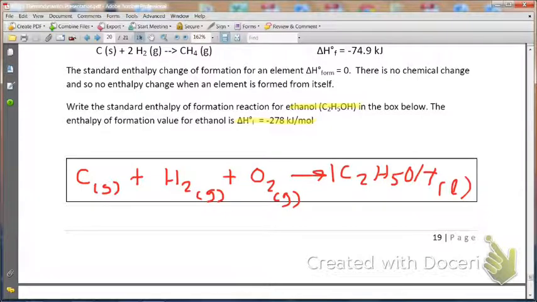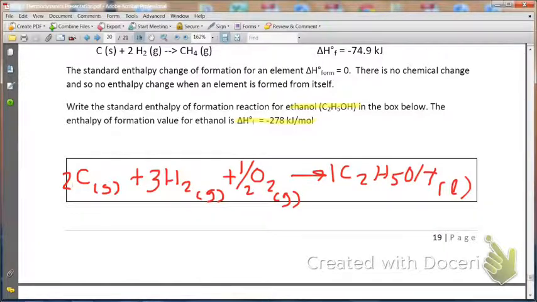So if we balance it, it's going to require 2 moles of carbon, because we've got 2 of those. So 2 moles of carbon is going to require 3 moles of hydrogen and a half a mole of oxygen to create exactly 1 mole of our ethanol.